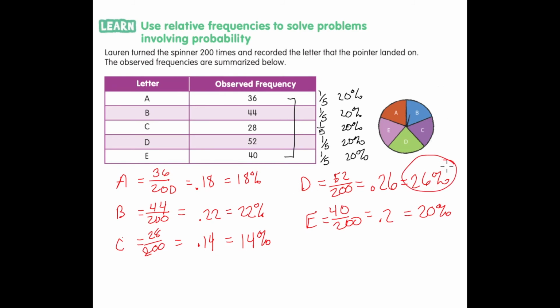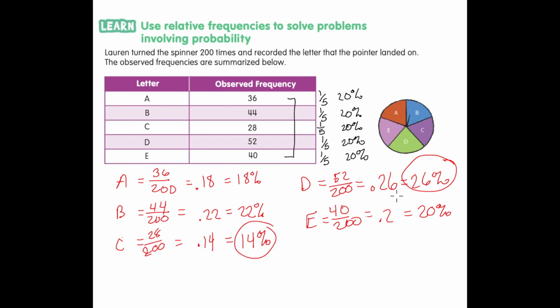Based off of D being 26% of the time, we would say that D is most likely to occur out of these chances. The least likely to occur would be C at 14%. So we could use our observed frequency to get our experimental probability, and then we can make inferences based off of what we collected in our data.